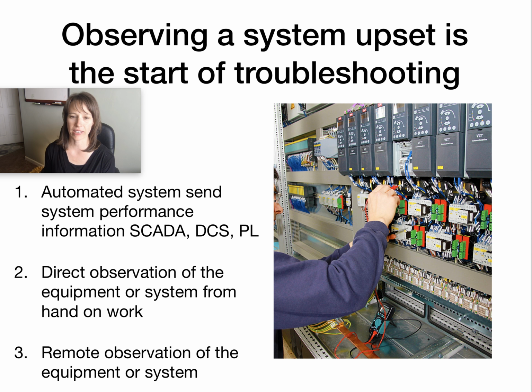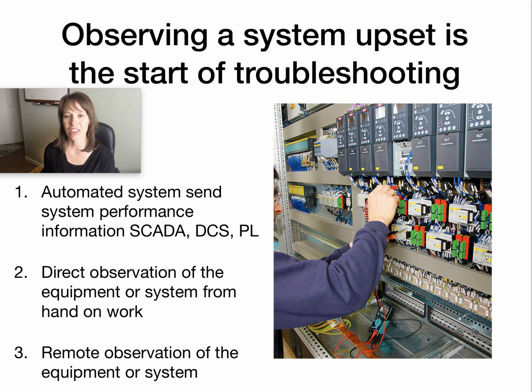And then there's the direct observation of the equipment or system from the hands-on work, being at the plant or the facility and being with the equipment. And then again, we talked about the remote observation, mostly visual observation when you can look at the equipment or the plant itself, or through cameras that you have on the full facility or different equipment within the plant.